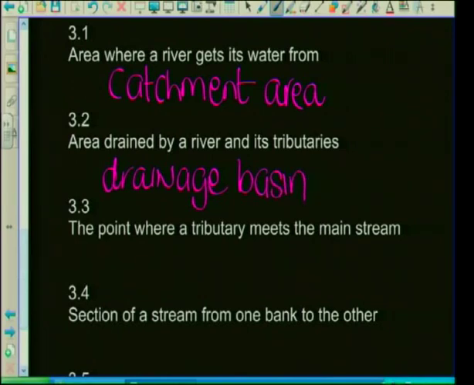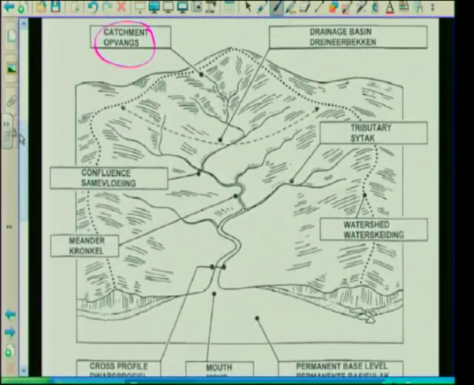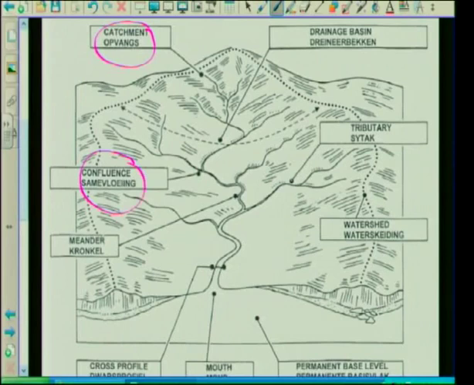3.3, the point where a tributary meets the main stream. Now this word we did not look at previously, but it is on the diagram, and you will see confluence is the word that we are actually looking for here. So the confluence is the point at which 2 rivers will meet.